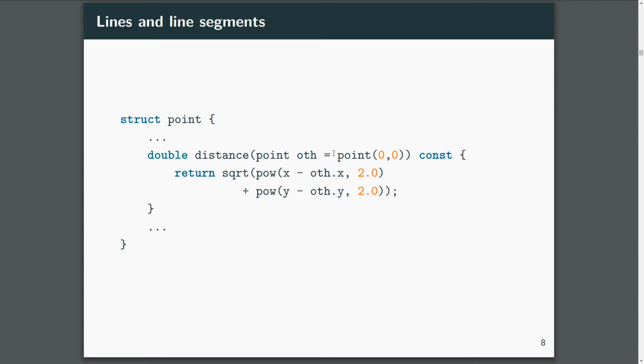Here we define a default value of the origin, so if you call the distance function without a parameter, it'll give you the distance from the origin. We can also just use the abs function with our complex class.